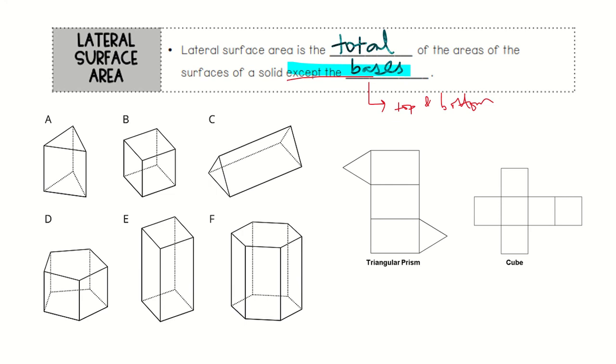Letter E, lateral surface area is everything that goes around, not including the top and the bottom, or in this case, the bases. Same thing for letter F. We don't want the two bases, but everything else you would find separately and add it all up together. Those are examples of when it's an actual solid shape, but what about nets?